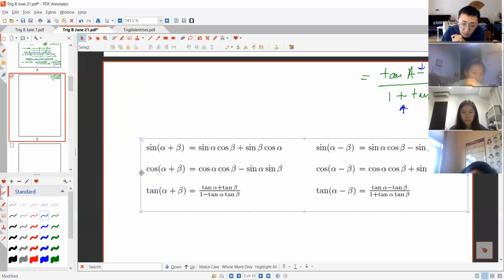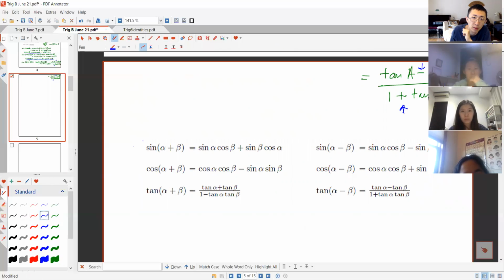If you ever forget, just plug in the negative variable and you can figure it out really quickly. These three I would say memorize, because you'll probably need them to do harder trig and geometry problems, but also maybe in calculus.